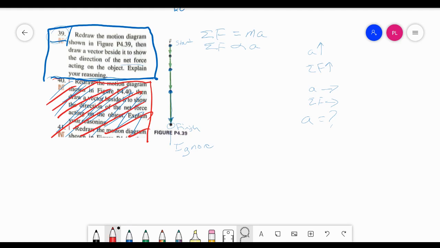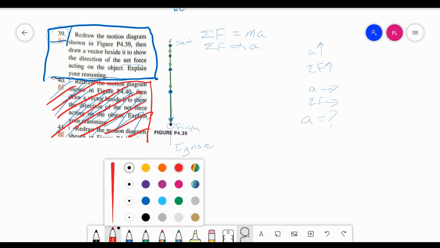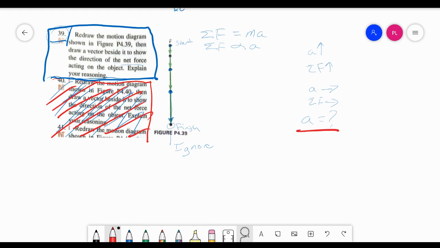So if I'm going to try to figure out what direction the acceleration is, I can ask, to go from this to this, what do I need to add? Honestly, it's probably best to go from one arrow to the arrow immediately following it.